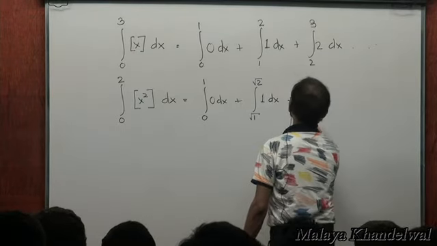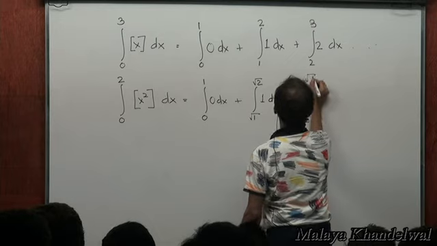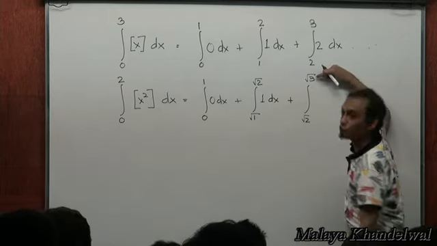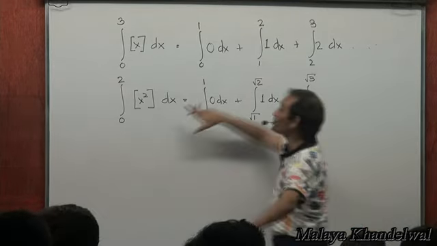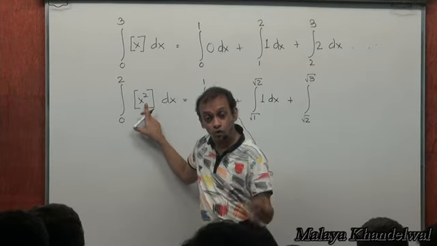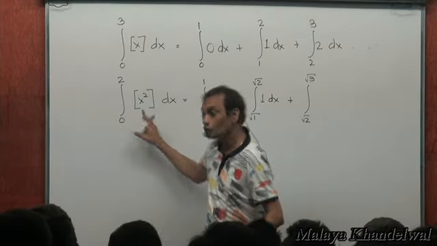Then x goes from, say, root 2 to root 3. Then x squared goes from 2 to 3. Then box of x squared will be 2.